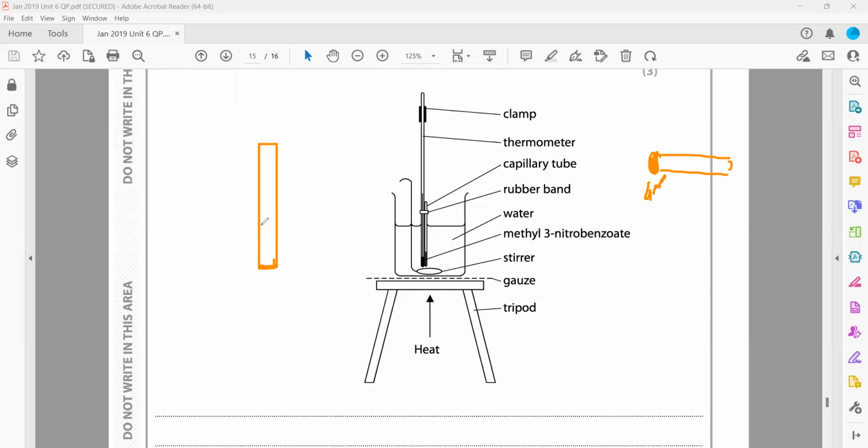Then we add a solid sample, and place it in a beaker, where a stirrer is there, and we supply heat energy. We heat the water gently and use a stirrer so that there is uniform transfer of heat. And then we'll observe the temperature at which the solid starts to melt.